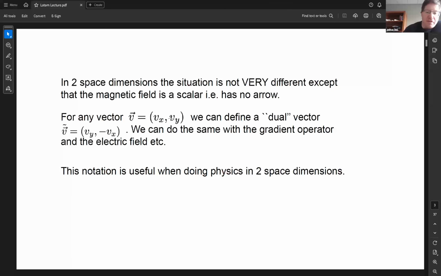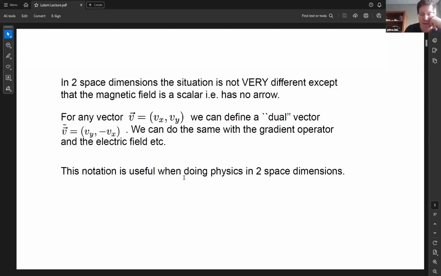If you take any vector (Vx, Vy), you can construct a dual vector V with a twiddle, where you take the Y component, put it first, and then you negate the X component and put it second. Let's call that a dual vector in two space dimensions. It will be a convenient notation for defining a notion of a curl. And we can do this operation with putting a twiddle on the gradient operator and on the electric field, etc.